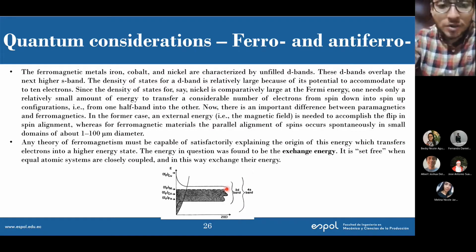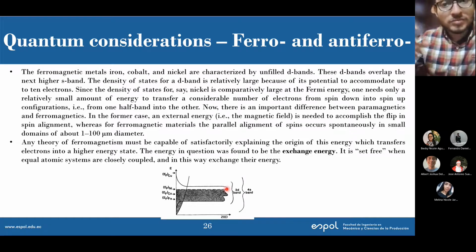Well, that energy is called the exchange energy. It's an energy that is set free when we have equal or similar atomic systems, and we couple them, we join them together, right? So that they can exchange their energy, and therefore it becomes so easy for spins to align.